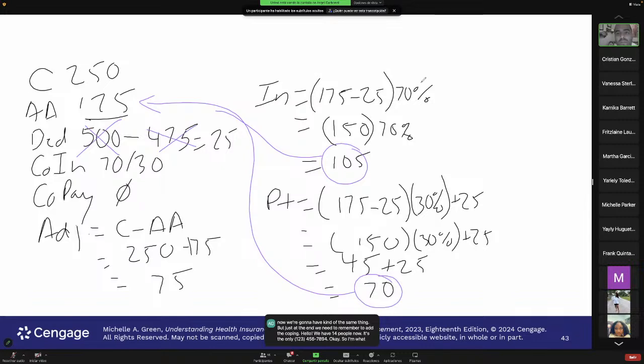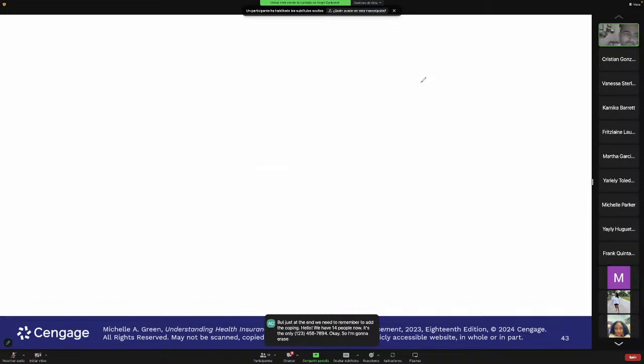So I'm gonna erase and I'll start over to another one. But this next one, we're gonna add co-payment. So now we're gonna have charges, allowed amounts, deductibles, co-insurance, co-payment, and adjustments.